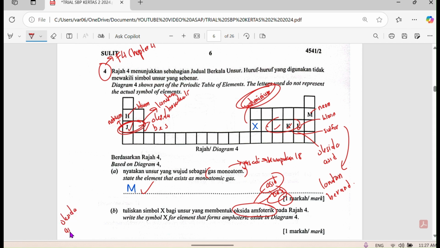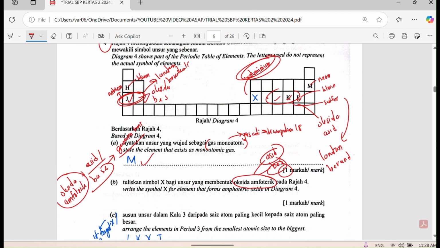That means oksida amfoterik plus acid or base, either one of it, can form garam plus air. Oksida amfoterik can bertindak balas dengan kedua-dua asid dan bes to form garam dan air. Okay, simple, very simple basically.